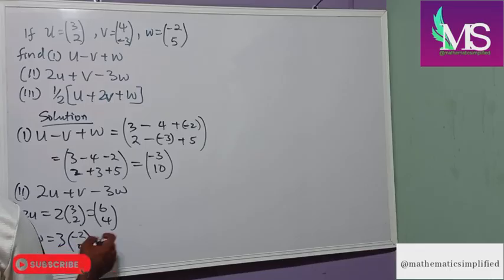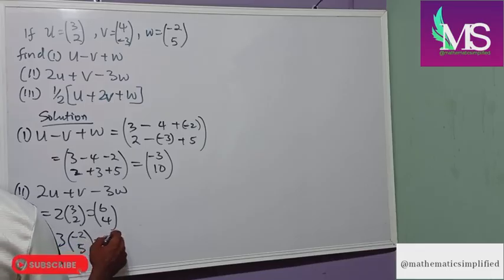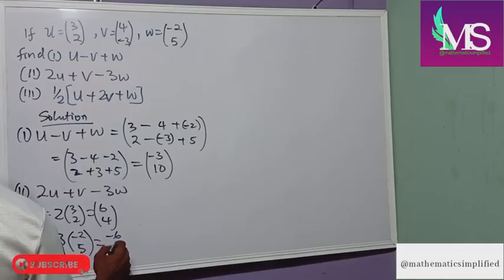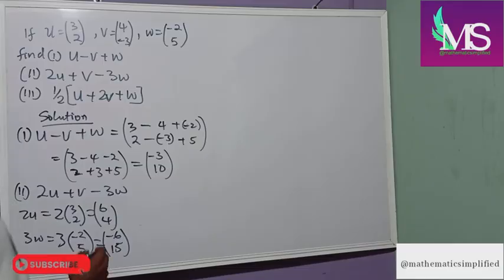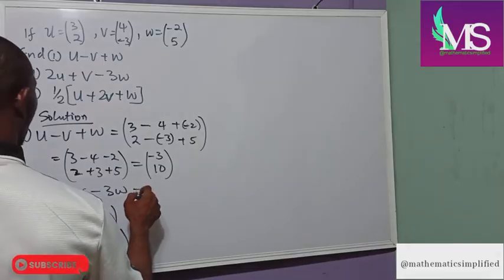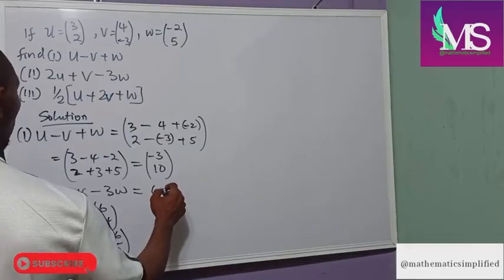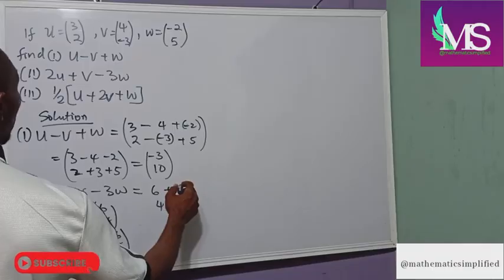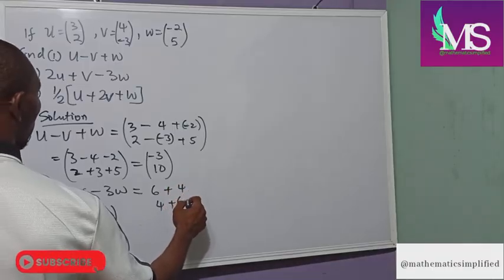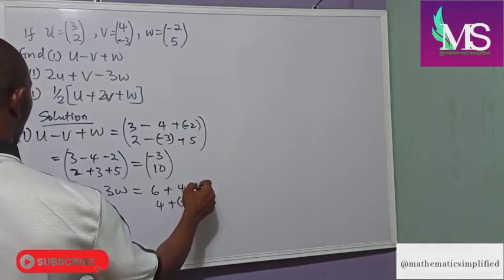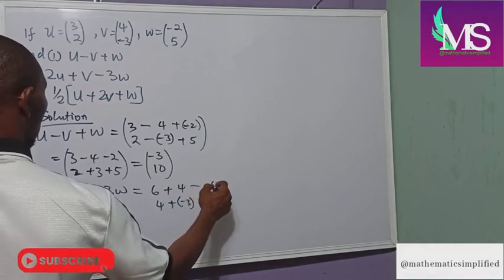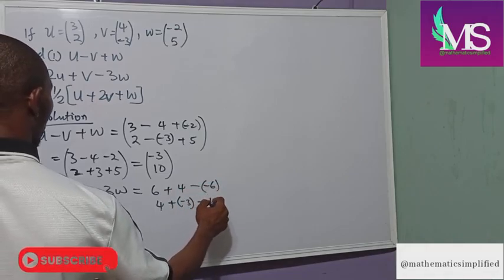So this will be 3 times minus 2, minus 6, 3 times 5, 15. Now back to this, inputting it here, we have 2u as (6, 4) plus v, which is (4, -3), minus (-6, 15).